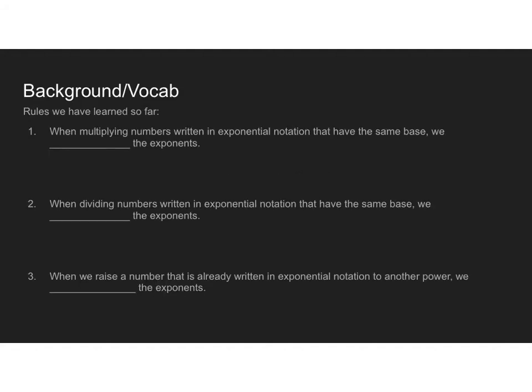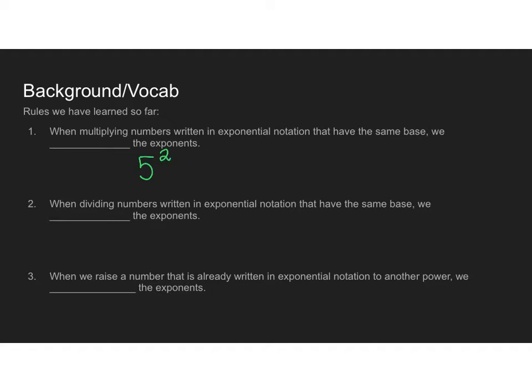All right, to go over some things we have already learned, we're going to review the rules we have learned so far. When multiplying numbers written in exponential notation that have the same base, we blank the exponents. For example, please write this down. We have 5 as our base, and let's say the exponent is 2.